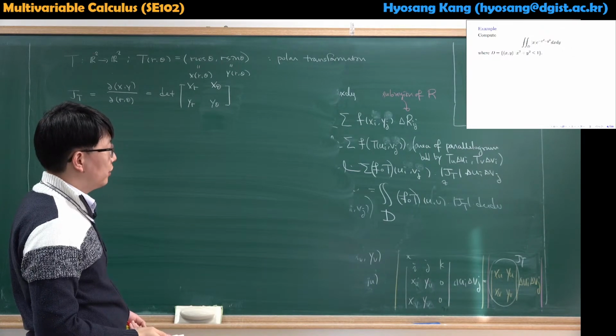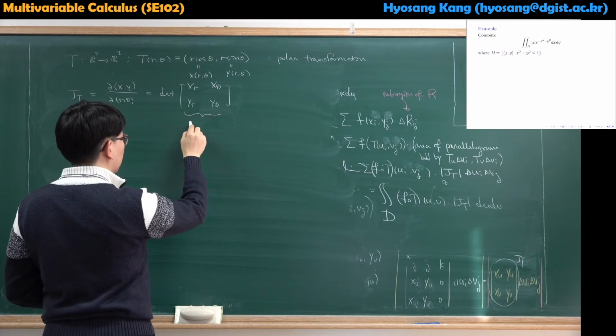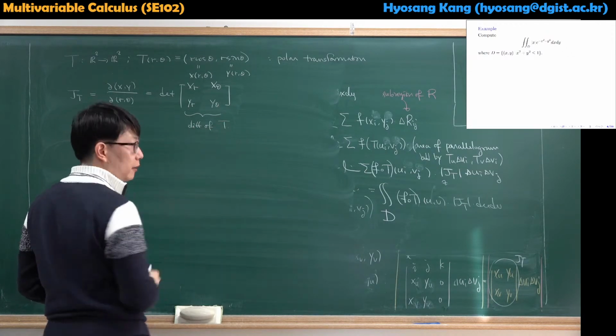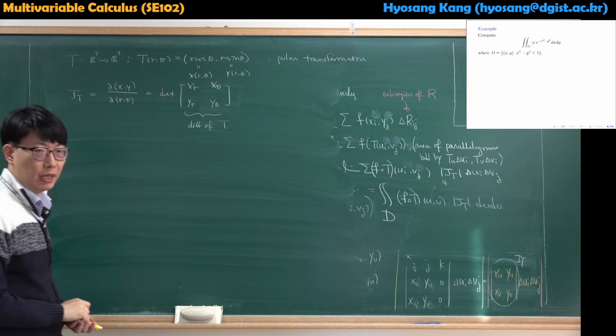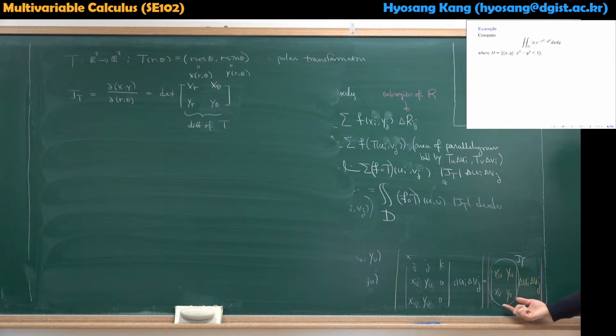Now, you may ask one question. This part is the differential of T, right? But think about how we derived our formula of integration by substitution. We computed the area of the parallelogram by taking this determinant. But here we have x_u, y_u instead of x_u, x_v, and here we have x_v, y_v instead of y_u, y_v.